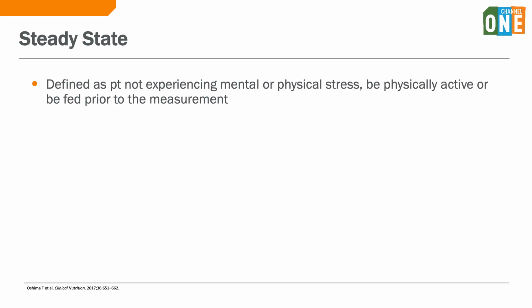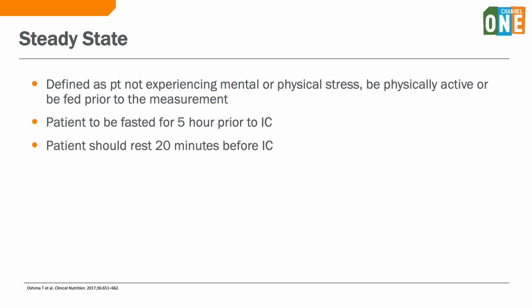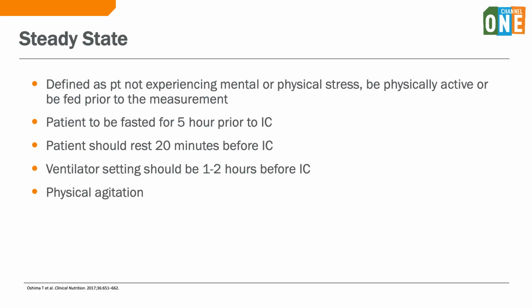The key criteria that we want to ensure we are working to include are fasting for at least 5 hours prior to the test, resting quietly for about 20 minutes before the test, maintaining stable ventilator settings for about 1 to 2 hours prior, avoiding testing while the patient is agitated, has a fever, or is undergoing any type of procedure, and ensuring there is a stable body temperature throughout.